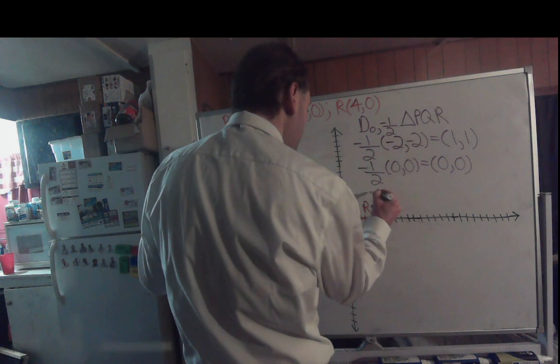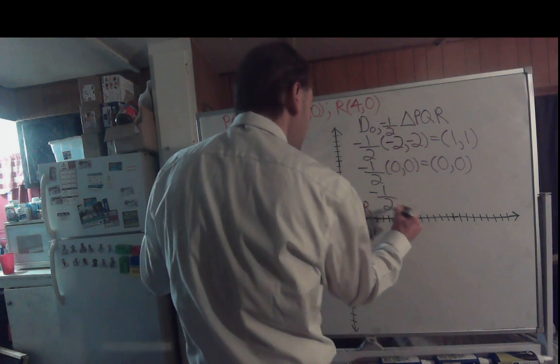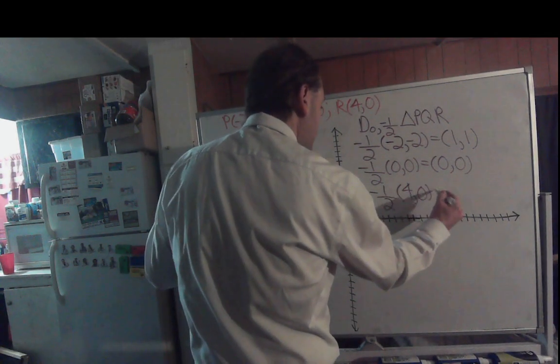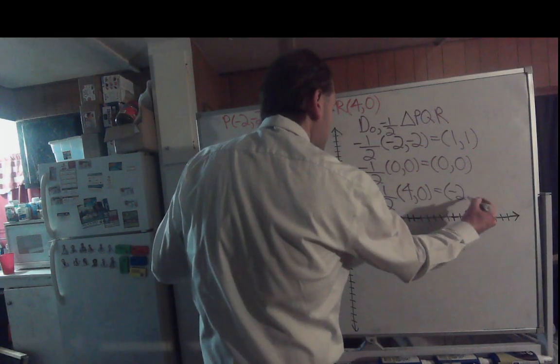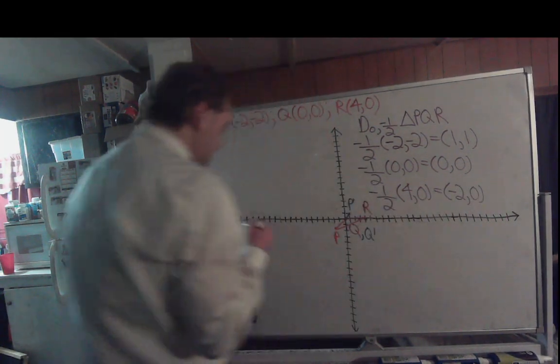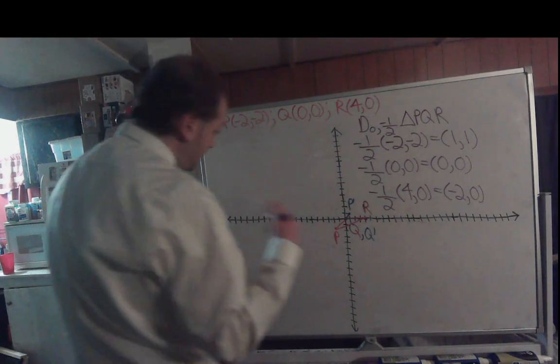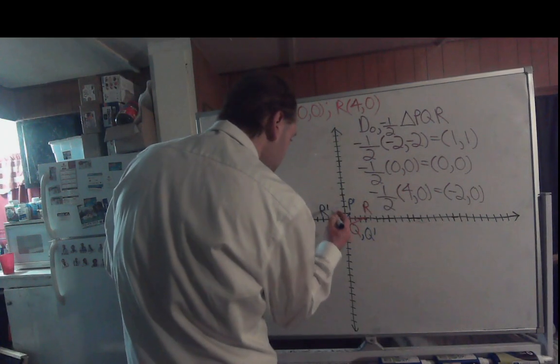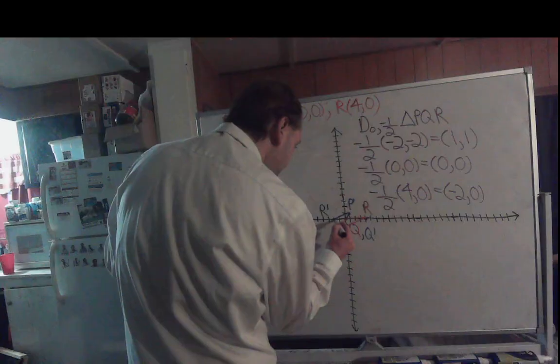Let's find R prime, so take that -1/2 times 4, 0. That's going to give you, of course, the coordinate -2, 0 for R prime. So let's go to -2, 0. There's your R prime at -2, 0.